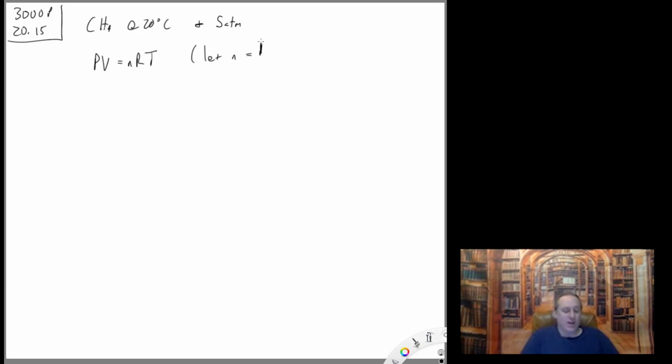And that could help us find the volume for 1 mole. And then we can find the mass of 1 mole. So to find the mass of 1 mole, we have to look up the values. Okay, so this is typically given.